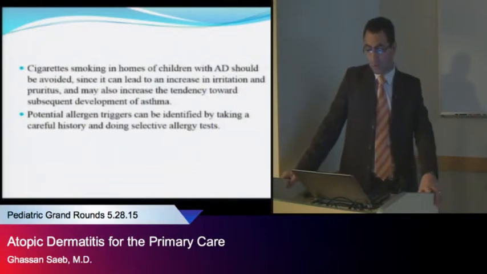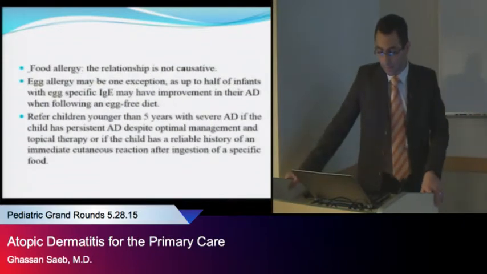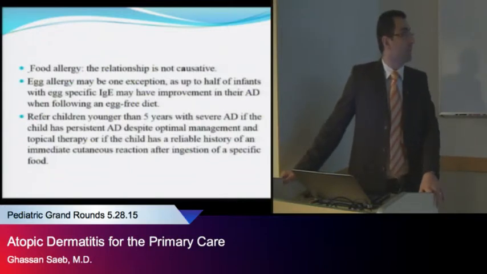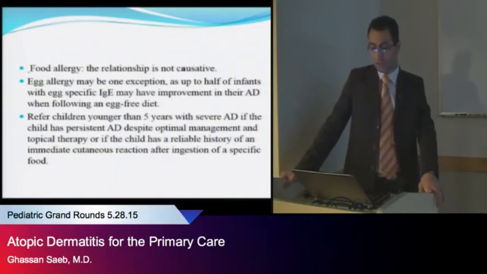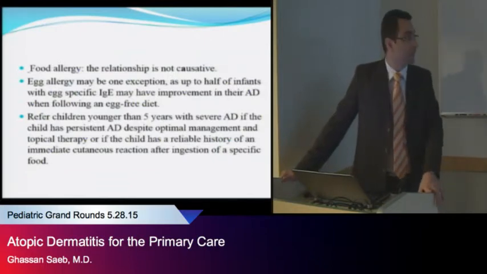Potential allergen triggers can be identified by taking a careful history and doing selective allergy testing when indicated. Food allergy, as I mentioned earlier, the relation is not causative. Egg allergy may be one exception, as up to half of infants with egg-specific IgE may have improvement in their AD when following an egg-free diet.